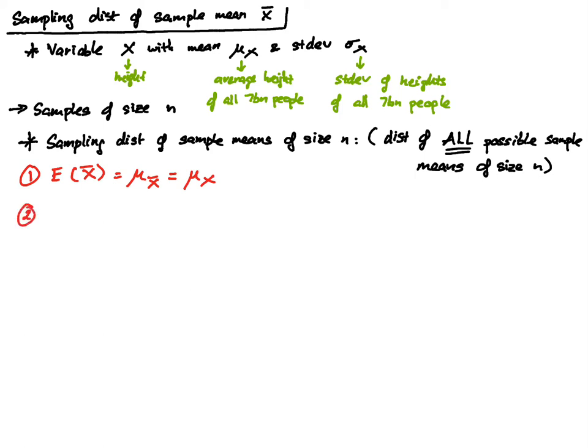Second, it can be proven that the standard deviation of all the sample means is equal to the standard deviation of the underlying variable x divided by the square root of the sample size, where n here is the sample size. And typically we refer to the standard deviation of all the sample means as the standard error of the mean.